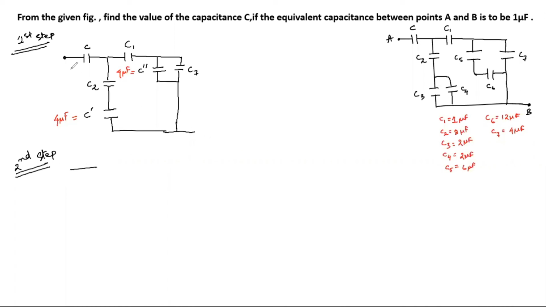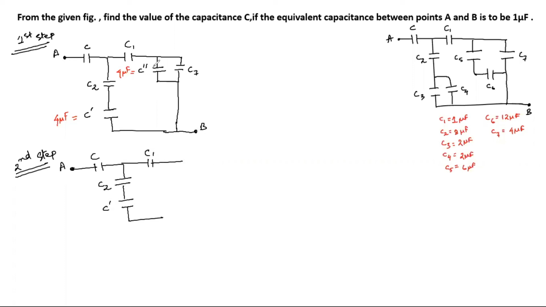So again, this is point A, and this is point B. This is point A, this is capacitor C, and this is C2, this is C dash, and this is C1.